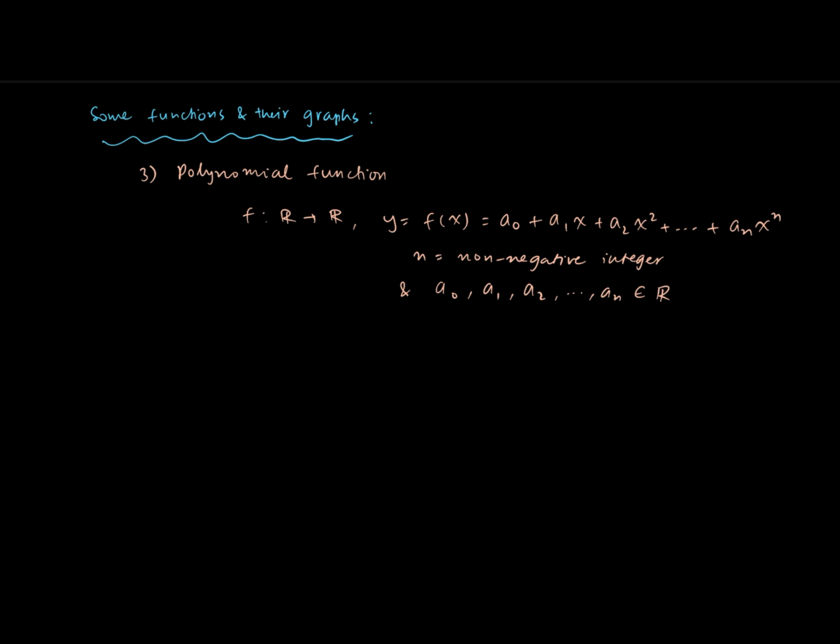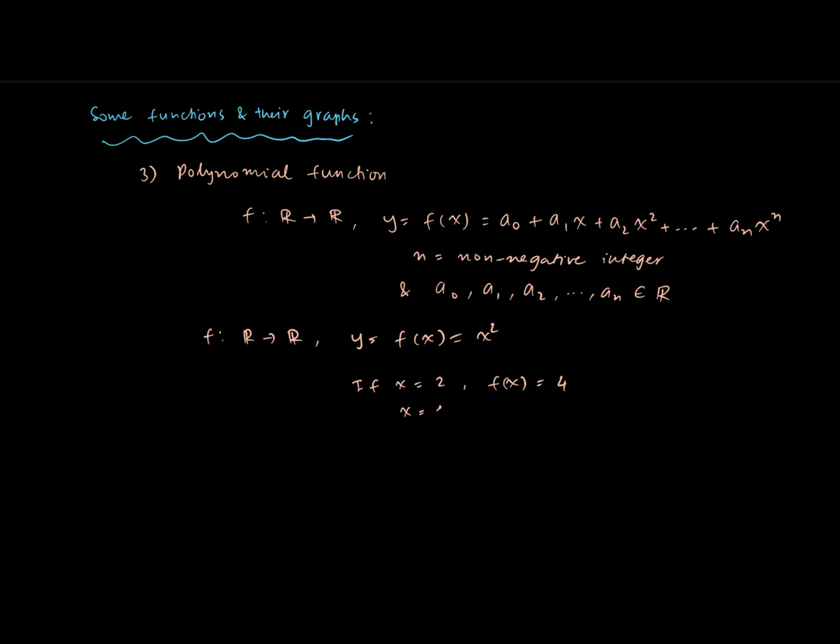Take for example, we have a function from R to R defined by y is equal to f of x is equal to x squared. So it's a type of a polynomial function, an example of a polynomial function. Now let us suppose if the value of x is 2, we'll be having f of x, which is x squared, equal to 4.